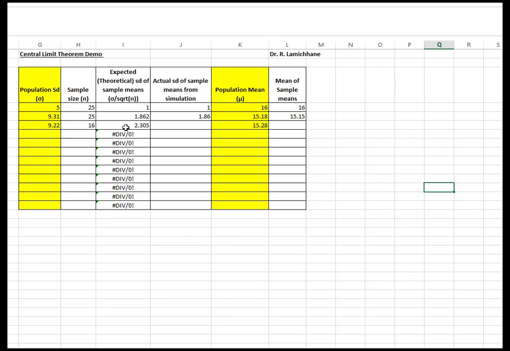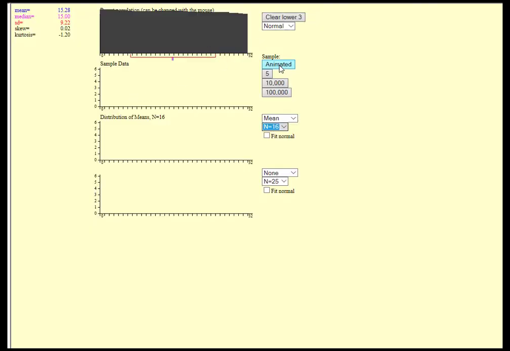If our central limit theorem is correct, then the standard deviation of the sample mean should be 2.305, and the mean should be equal to 15.28. So let's see that through the animation here. Now let me get one sample of size 16, take the mean, and collect the mean.